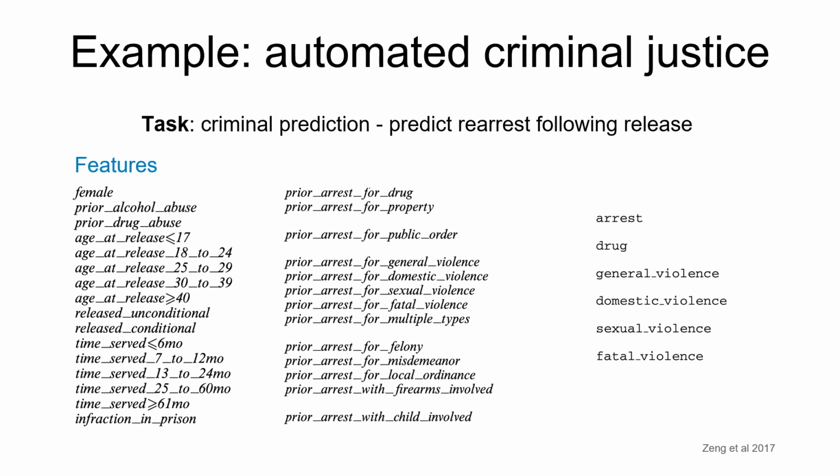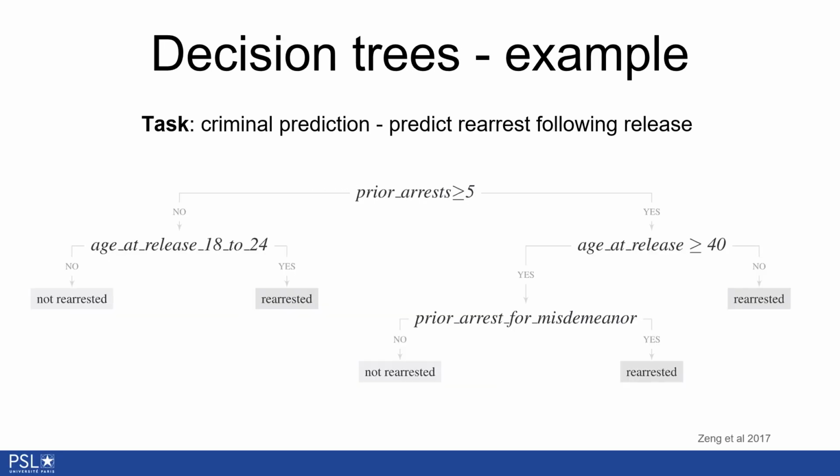A study by Zhang and collaborators sought to instead develop a high-performance but interpretable model for the same task. So Zhang et al. optimized shallow decision trees for this task, and one of the models they obtained is summarized here. It uses only 4 input features.